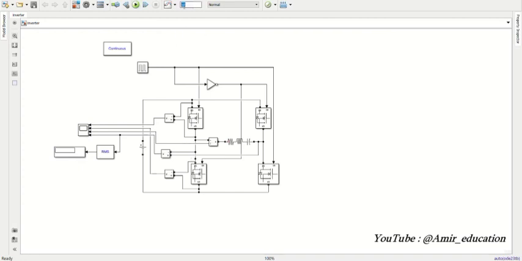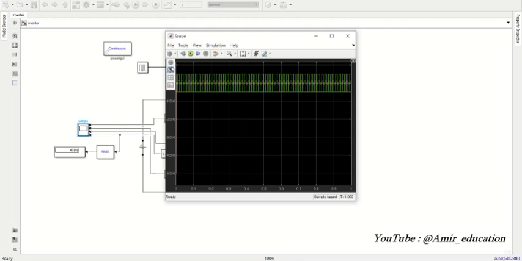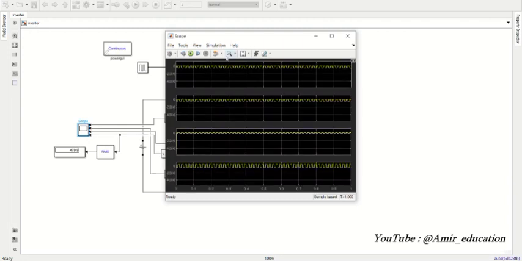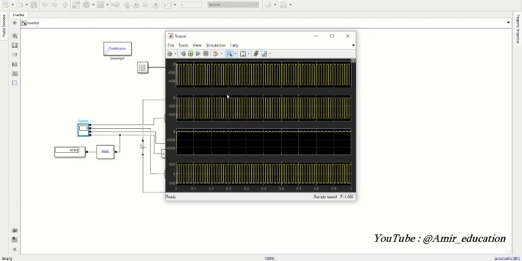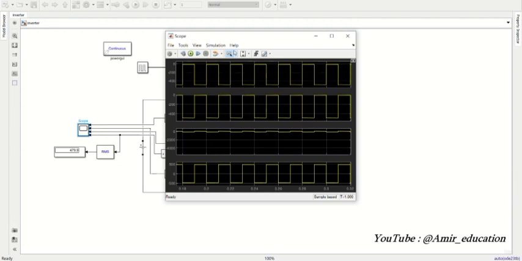Now let's decrease the time to 1 second and run. So let's observe our plots. We have 4. So let's check it out.